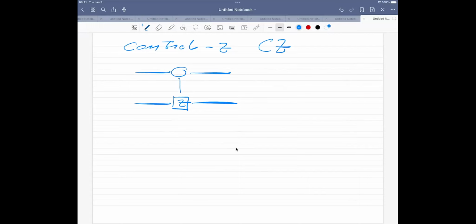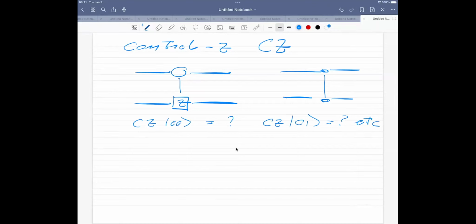You could also see this one written like this. This is another way of seeing that same gate. I leave that to you to play around a little bit with what it gives as an outcome. You can take the C on 0, 0 and see what that gives. You can take CZ acting on 0, 1, etc. I leave that as a small exercise.